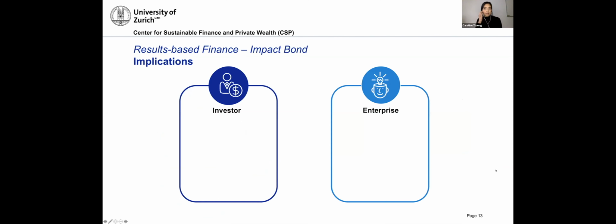So what does an impact bond mean if you are an investor or a water enterprise? One of the main benefits of investing in an impact bond is that an investor can help find a viable solution to pressing social issues. It can also allow the investor to invest in a more socially responsible way and also possibly create fundamental impact.